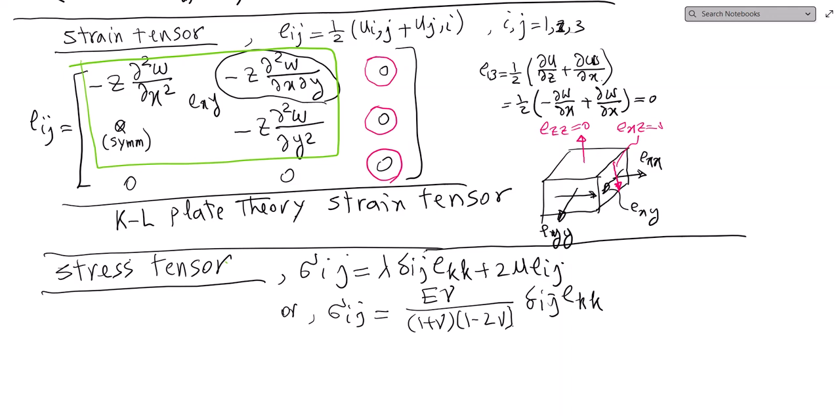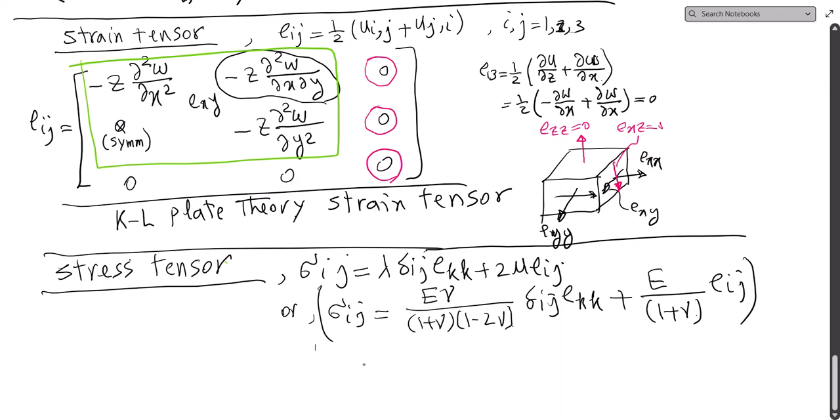Ekk is the trace of the strain tensor, the sum of the diagonal elements, and then E divided by 1 plus mu, eij. Sometimes we use lambda and mu, which, if you recall, are Lame's constants, but more physically meaningful constants are modulus of elasticity E and Poisson ratio mu.